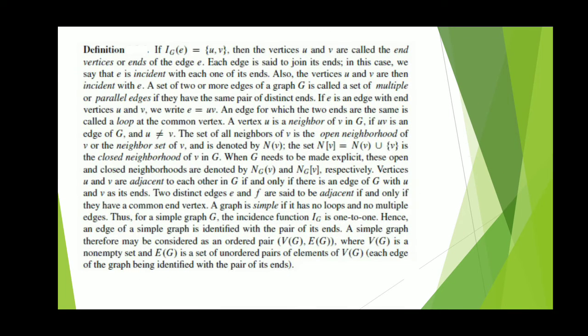Next, a simple graph. A graph is said to be simple if it has no loops and no multiple edges. That is, for a simple graph G, the incidence function must be a one-one function. So we consider the ordered pair V(G) and E(G) only for a simple graph.